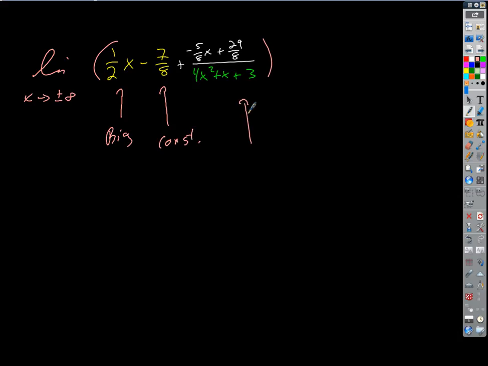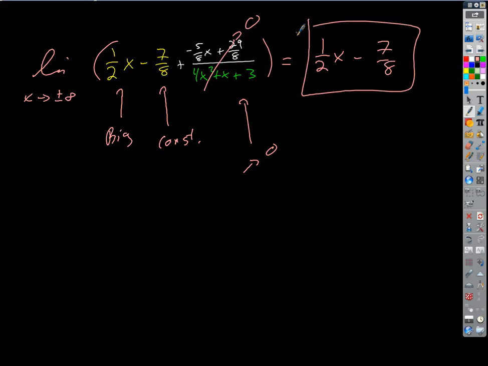What happens to that term? It goes to 0. And so the only terms that don't go to 0 are 1/2 x minus 7/8. What kind of function is that? Yeah, that's linear, isn't it? Let's see what happens if we plot that line alongside our function.